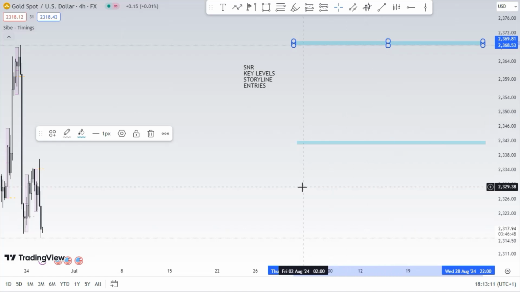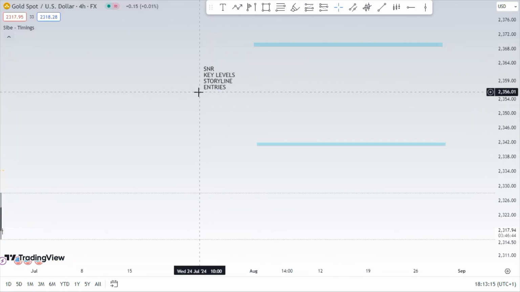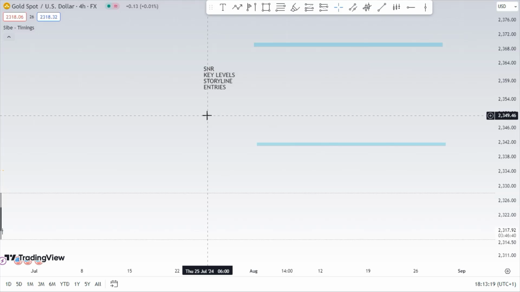So now when we're talking about these key levels, how do we arrive at the point that we want to call this particular level support, or we want to call this particular level resistance? That brings us to the very first topic, key levels.